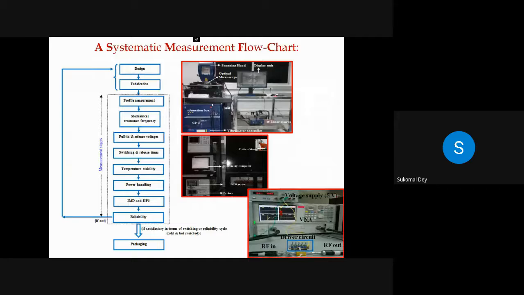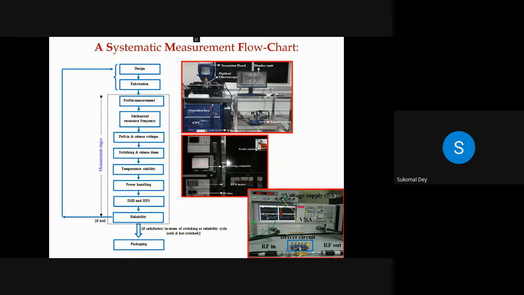Now, whenever you are making any switch, what is the first target? Whenever you are buying a switch, for example, suppose you are designing a tunable filter at X band of frequency. If you are using pin diodes, you look at the data sheet and see the different values.